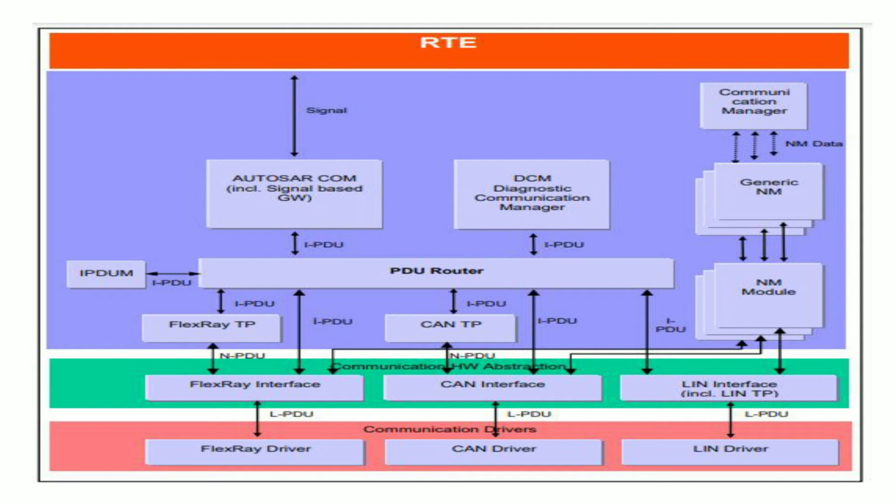So the signals are converted into PDU in the service layer, next is the NPDU in the ECU abstraction layer, and LPDU when it reaches the hardware abstraction layer or the MCU layer. These are the three types of protocol data unit available in AUTOSAR methodology.